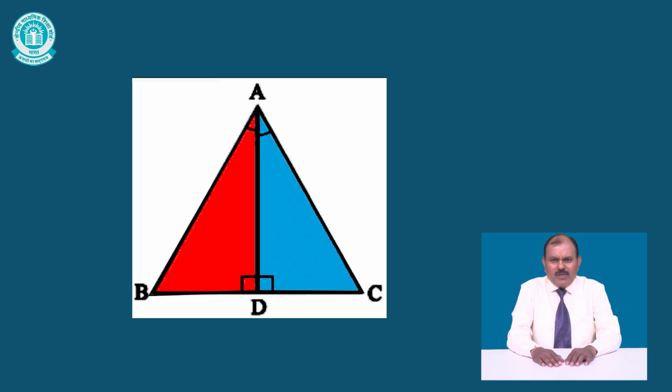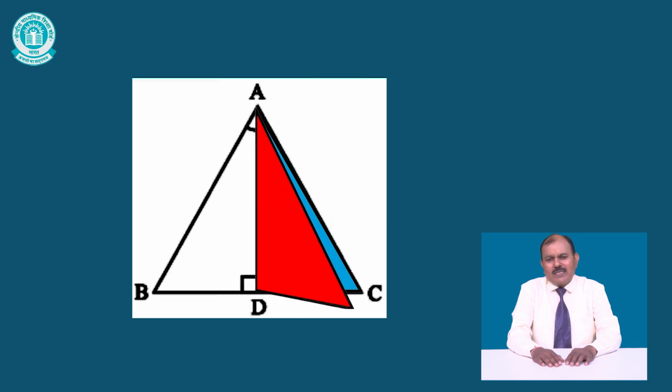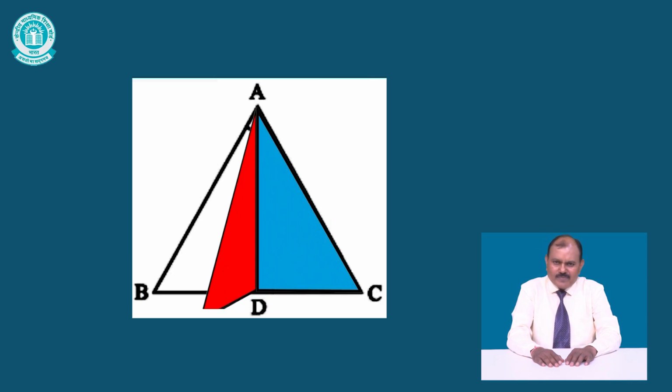Draw the bisector of angle A and let it intersect BC at D. Overlap the two triangles by folding it along the side AD so that vertex C falls on vertex B. What can we say about the sides AC and AB?